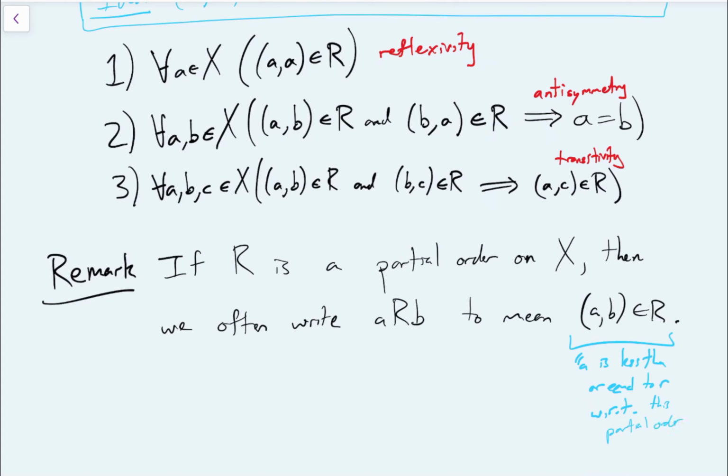That's very wordy, so it would be nice to shorten that to A less than or equal to B, just as shorthand for (A, B) in R.